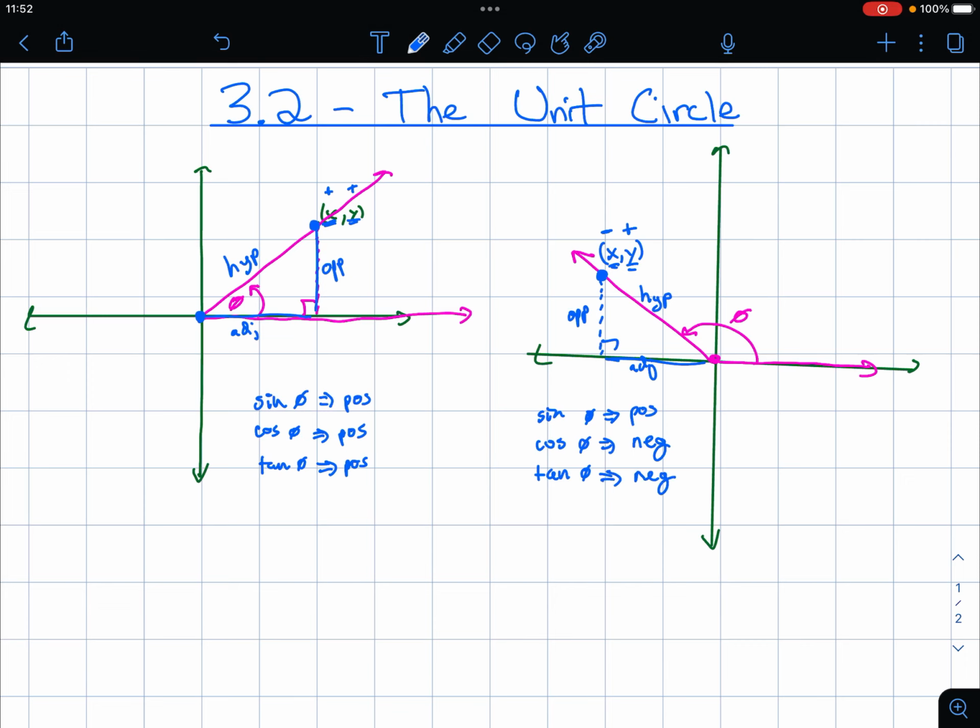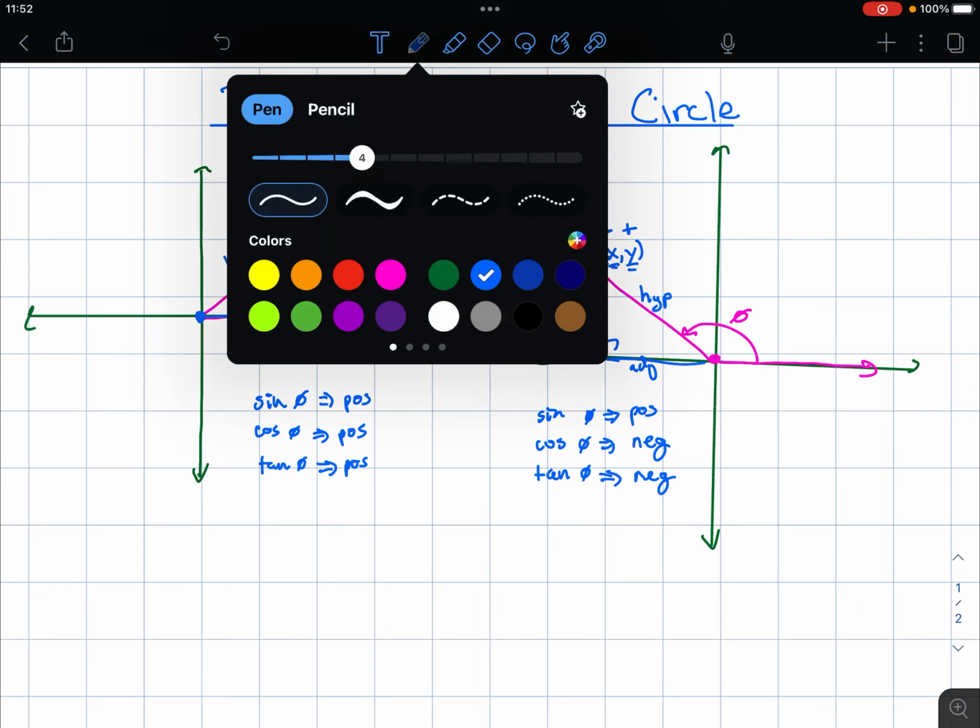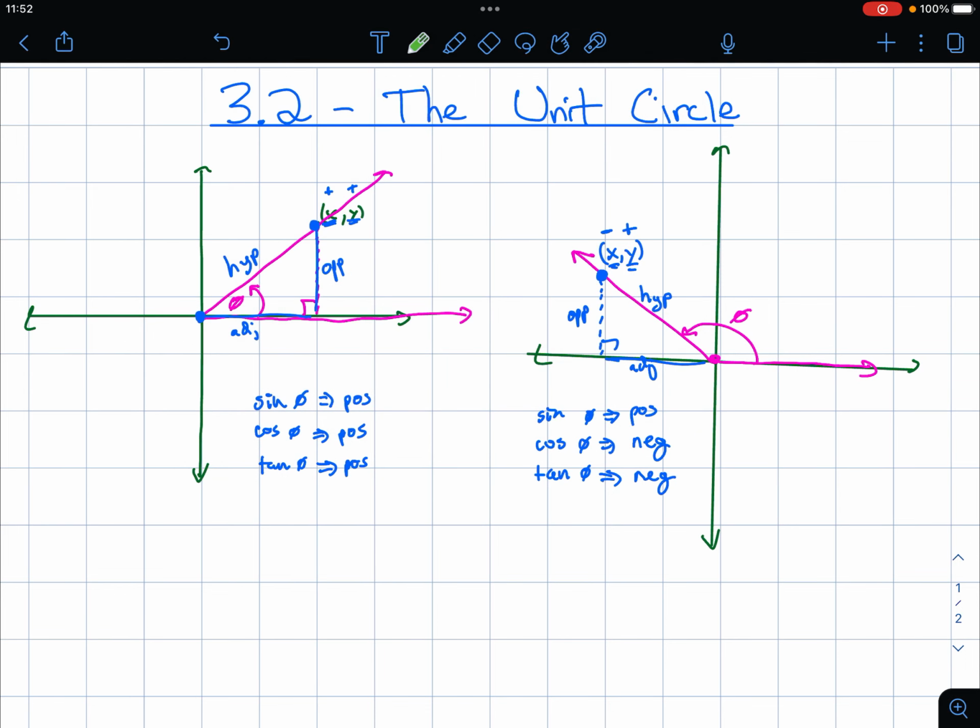So in our expanded understanding of trigonometry that we're building on the coordinate plane, we can have positive and negative ratios. Our reference angle, remember, is sort of the angle inside the triangle that we build, but the actual angle that we're doing calculations on is the angle in standard position.